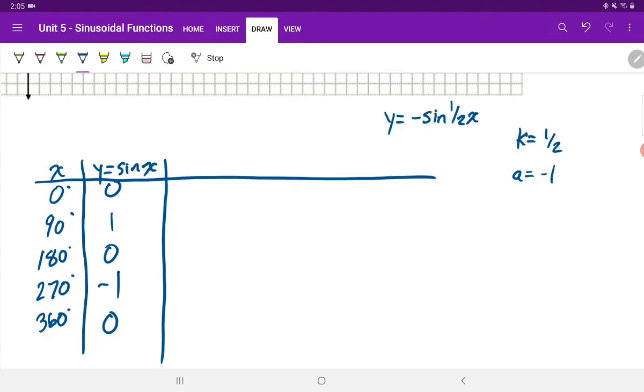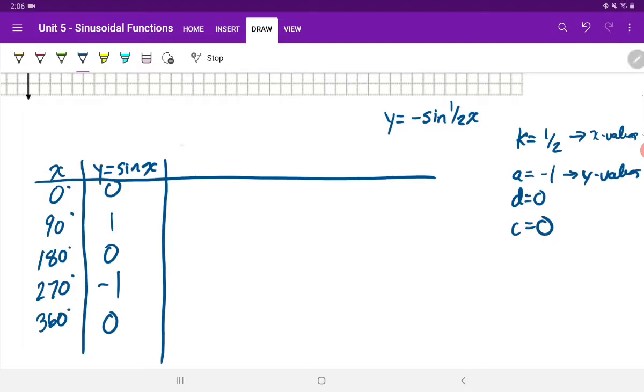Now remember that k only affects x values and a only affects y values. And how does it affect them? It gets multiplied by those values. And if you see, there's no d or c, so d equals 0, c equals 0. So there's nothing to do with d and c here. It's just a and k.